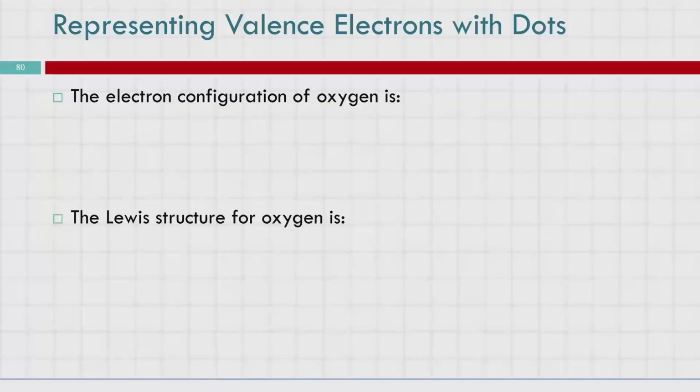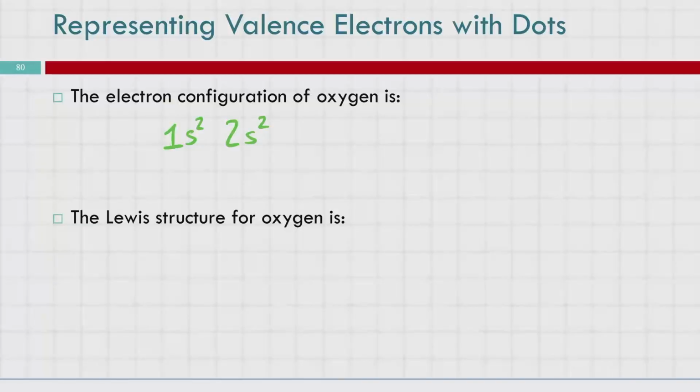So the electron configuration of oxygen. We need to find oxygen on our periodic table. We find oxygen. It's got 8 electrons. We are past row 1. In row 1, we have access to only the S subshell. And we're past it, so it's full. S fills up with 2. We're in row 2 now, after helium. Lithium, beryllium, we are past those. That's row 2, and it's the S block.